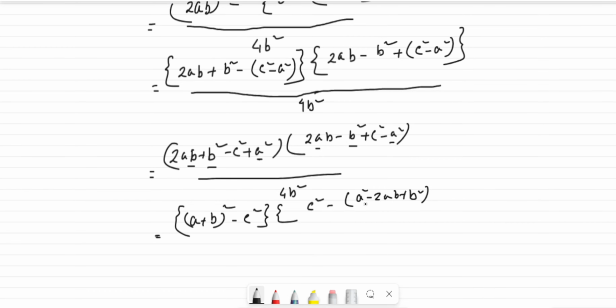So it will mean a minus b whole square. So we can directly write here a minus b whole square, right? By 4b square.